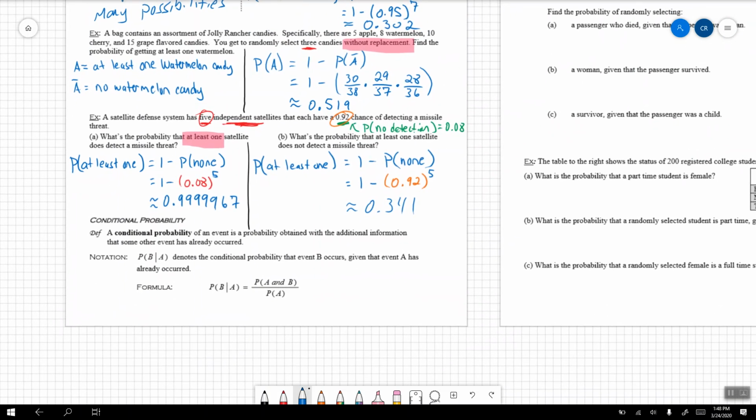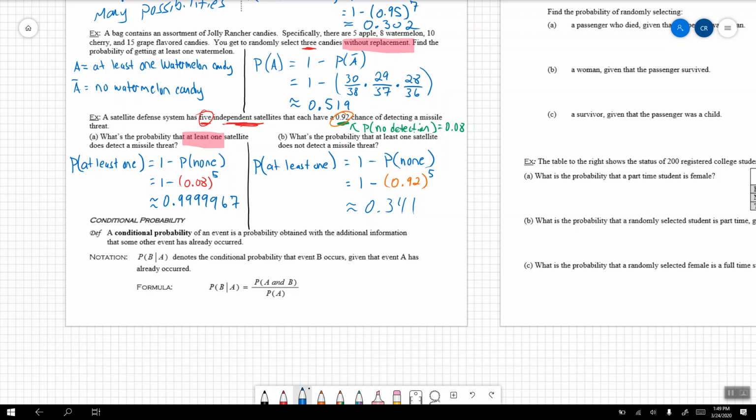All right, now we're going to be looking at conditional probability. The terminology is exactly what it says. We're going to put a condition in order for this probability to occur.